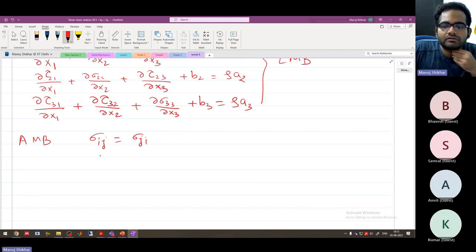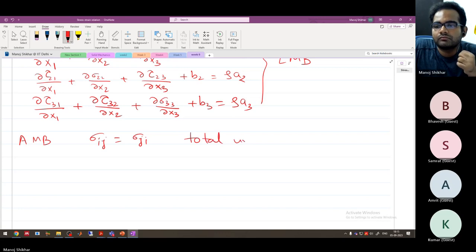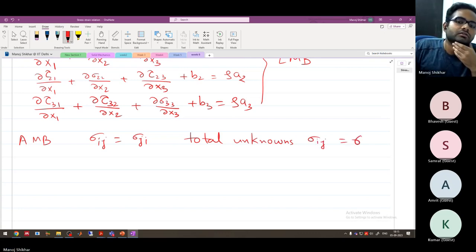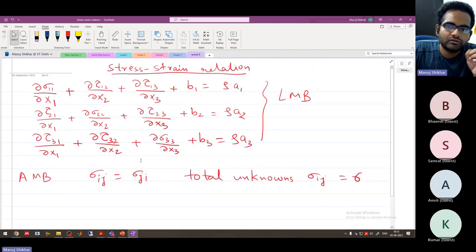So the total number of unknown sigma will be 6. If we do not invoke AMB, the total number of unknowns will be 9. So in our case, we are considering the Cauchy stress tensor. So we have 6 unknowns in the sigma matrix.